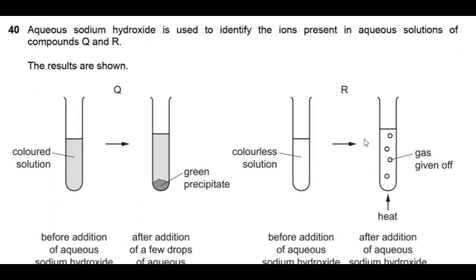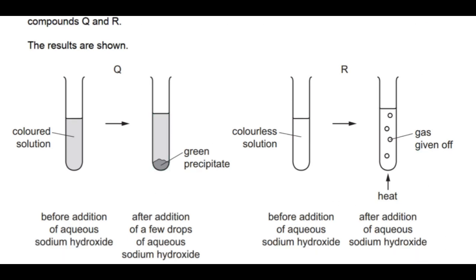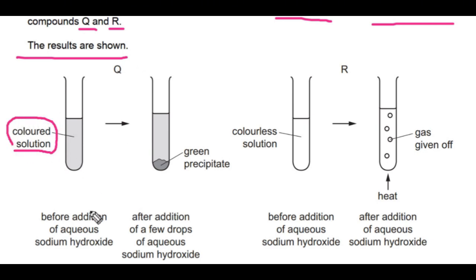So next, you see aqueous sodium hydroxide is used to identify the ions present in aqueous solutions of compounds Q and R. The results are shown. This is a colored transition metal compound solution before addition of sodium hydroxide.